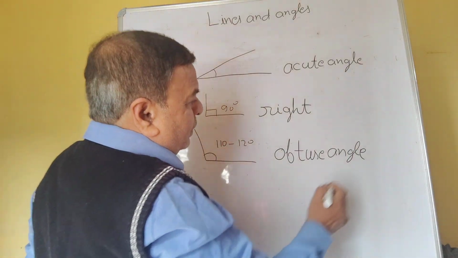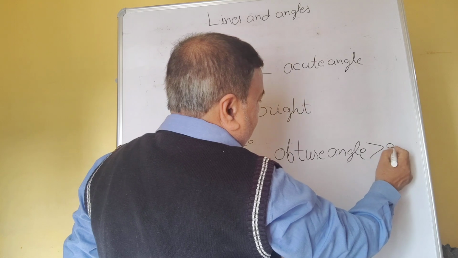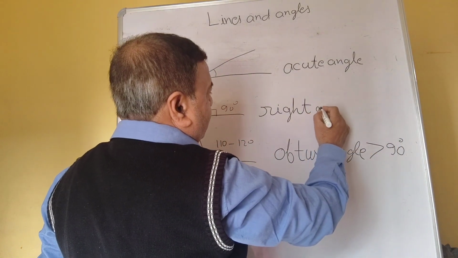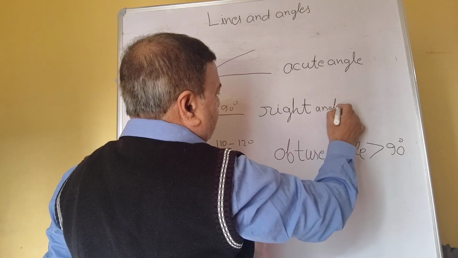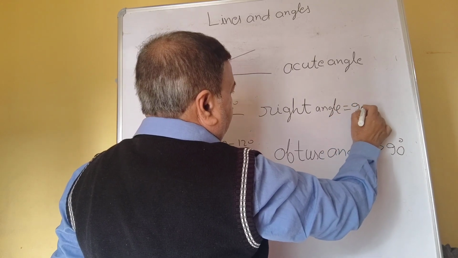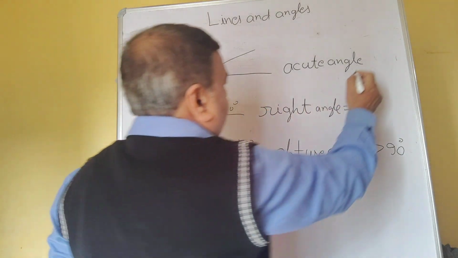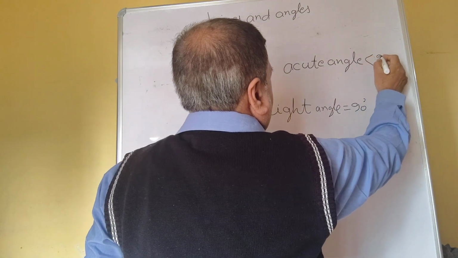Obtuse angle is always greater than 90 degree. Right angle is equal to 90 degree, and acute angle is less than 90 degree.